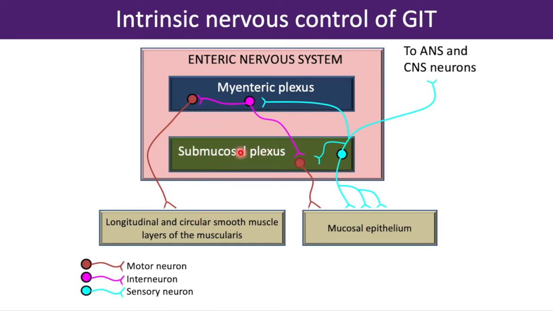From the submucosal plexus, there are motor neurons to the mucosal epithelium. When the submucosal plexus is stimulated, it will send signals to increase secretions, absorption, and contractions of the mucosa. The mesenteric and submucosal plexuses are interconnected by interneurons. Both plexuses receive signals from the autonomic and central nervous system by sensory neurons.